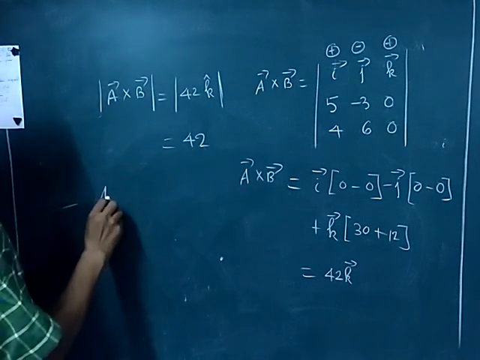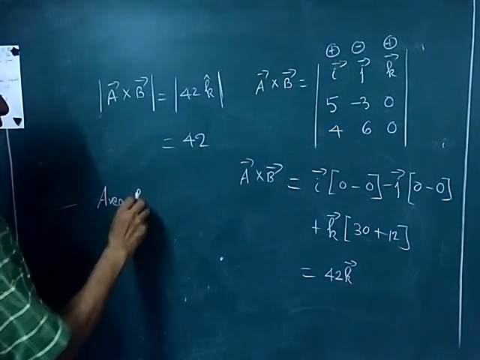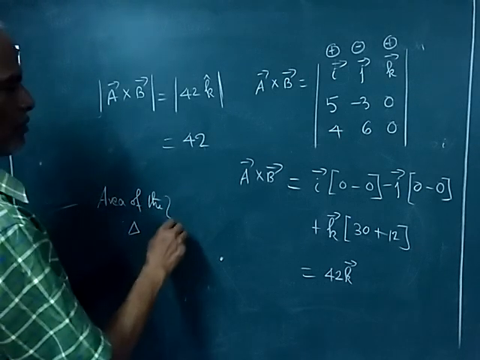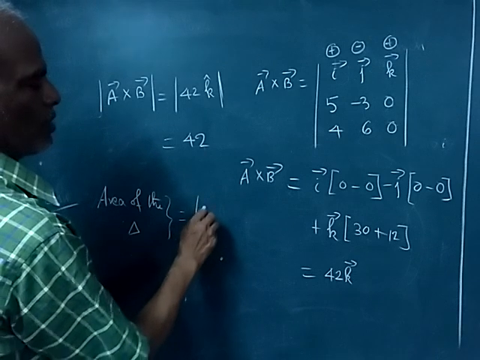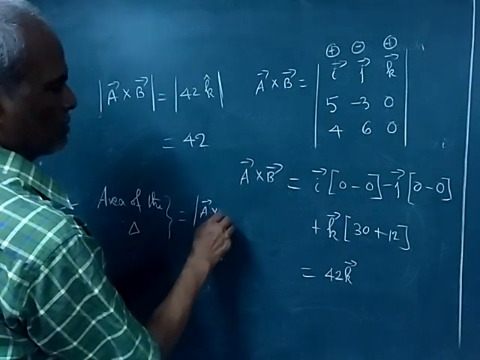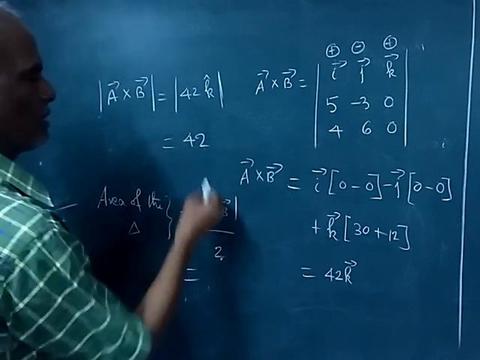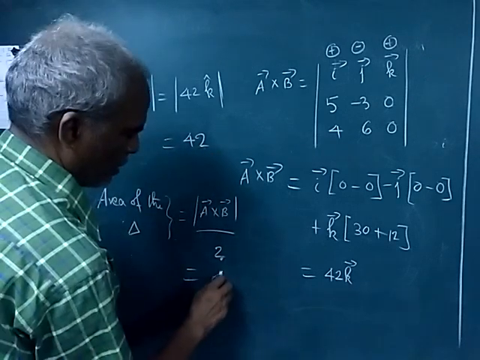Now the area of the triangle is given by the formula, magnitude of a vector cross b vector divided by 2. Now we got the answer as 42.